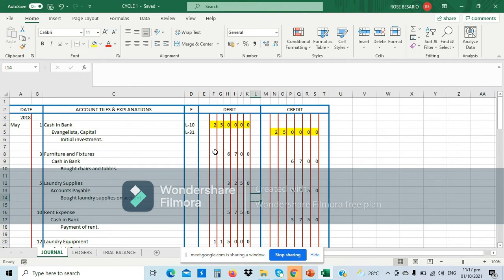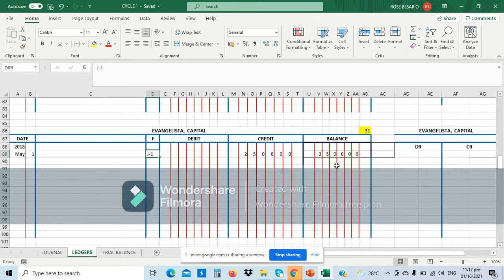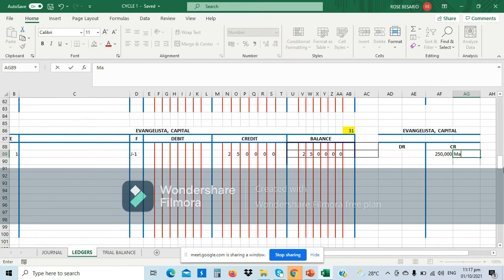So if I wanted to check whether this really was posted to L31, I can readily go to ledger number 31. So we can do cross-referencing. And then in the T account, I will also post here 250,000 on the credit side. So this is May 1.